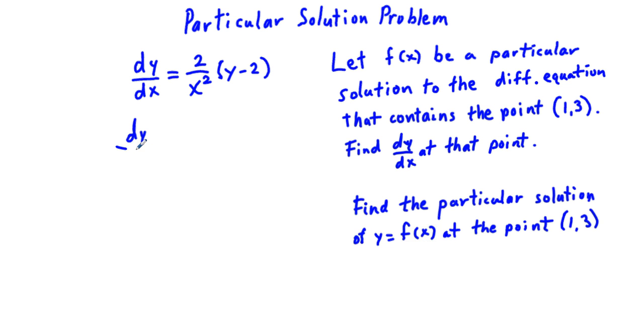So we're going to get dy over y minus 2 equals 2 over x squared times what we multiplied by, dx. And you get 1 point for this, which is called separation of variables.